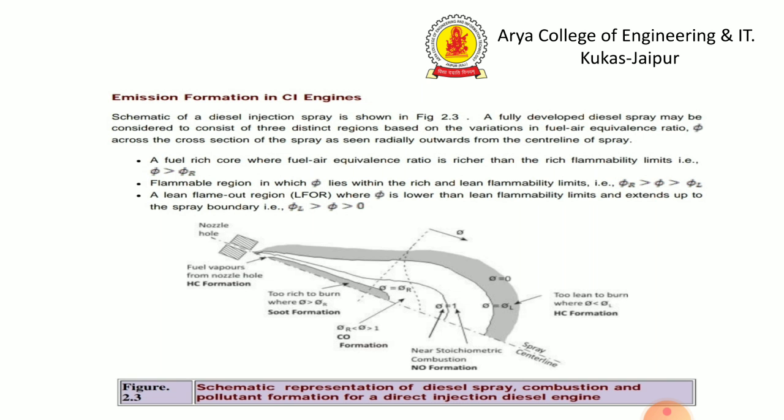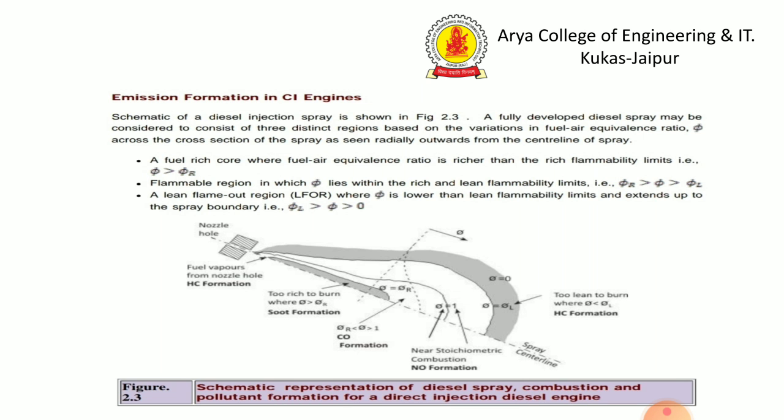and a flammable region in which the equivalence ratio lies within the rich and lean flammability limits. A lean flame out region where the equivalence ratio is lower than the flammability limits and extends up to the spray boundary. There is also a too lean burn region where HC emission forms.